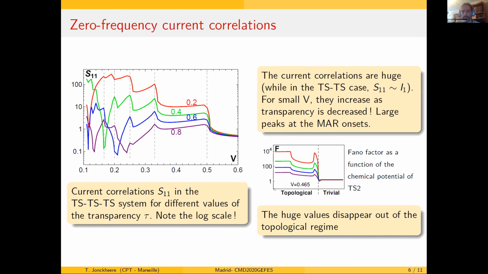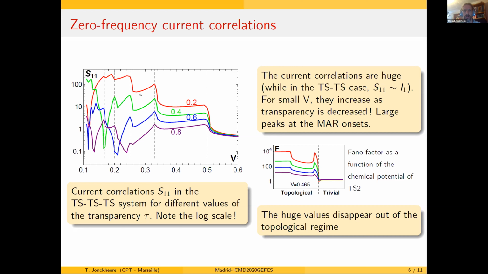And you can see that as soon as I go from the topological regime to the trivial regime, the Fano factor, which is huge in the topological regime, becomes of the order of 1 for the trivial regime. And we have checked that by changing all the parameters. So in order to get these huge values of noise, you really need to have 3 topological superconductors connected out of equilibrium.